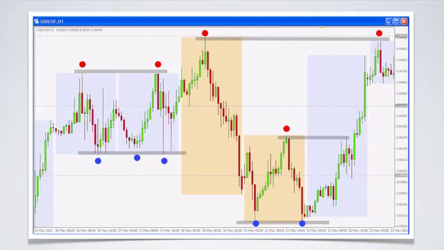I don't want to sound too technical in this presentation, so I will just say for the time being that these levels exist because of the natural laws of offer and demand in the market.